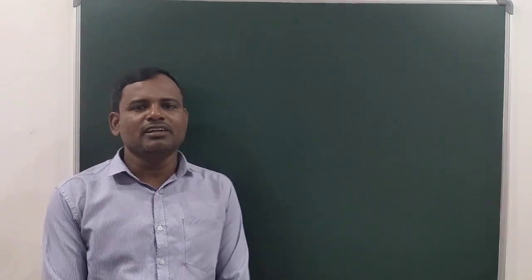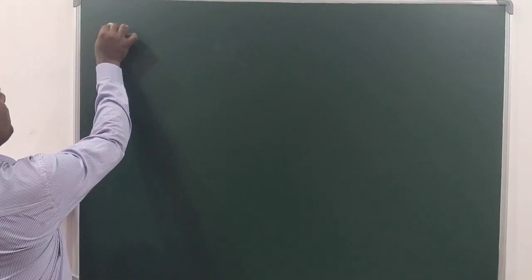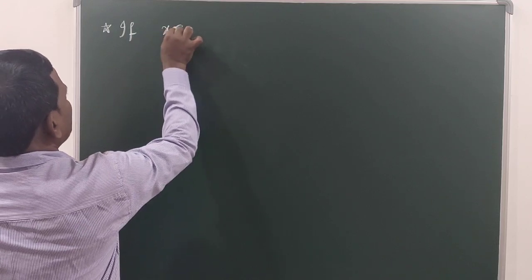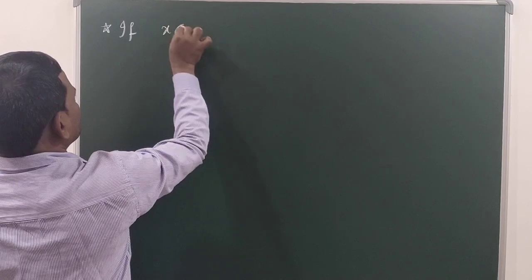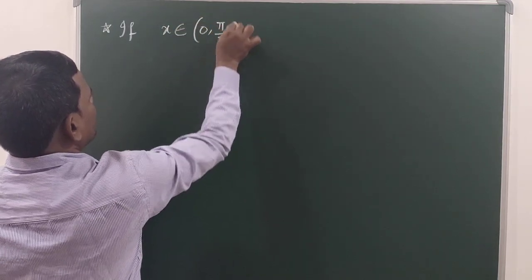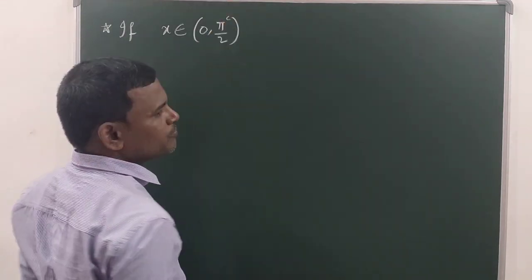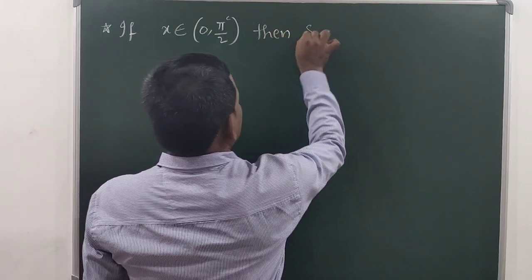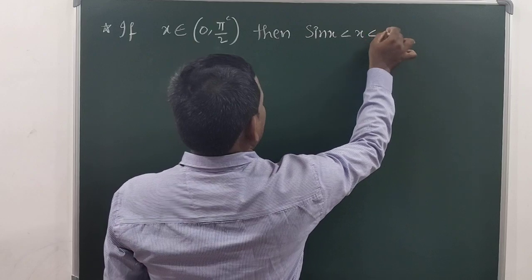Now let us learn that proof of an inequality. If x belongs to 0 to 90 degrees or pi radians by 2, then sin x less than tan x.